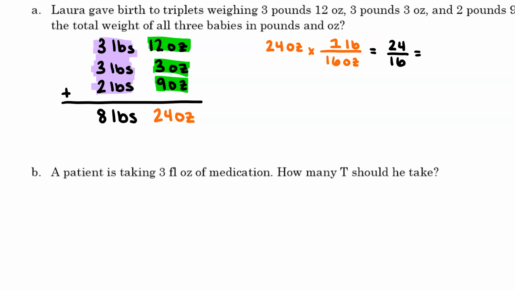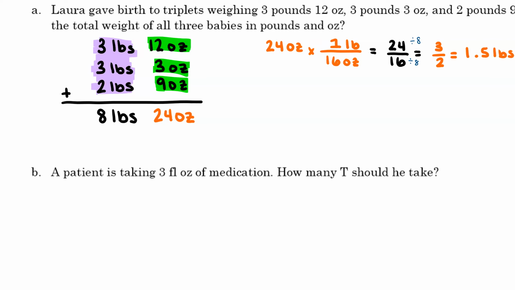So 24 divided by 16, both of those are divisible by 8. So let's divide those by 8. So that would give me 3/2, which is 1.5 pounds.